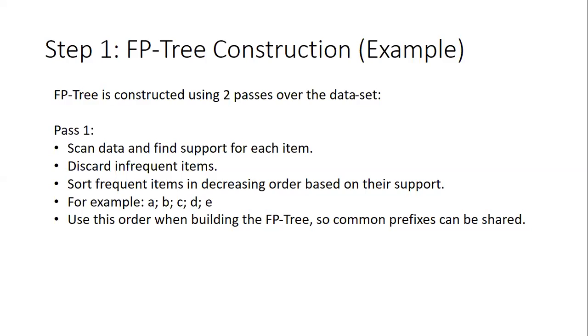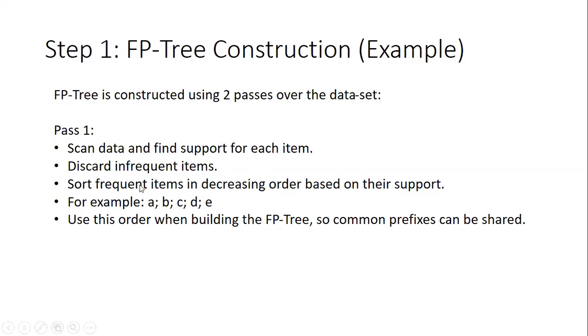Then we eliminate the items having support count less than the minimum support count threshold. So that's what it says here in pass 1: scan data and find support for each item, discard infrequent items. We do the same as in Apriori.